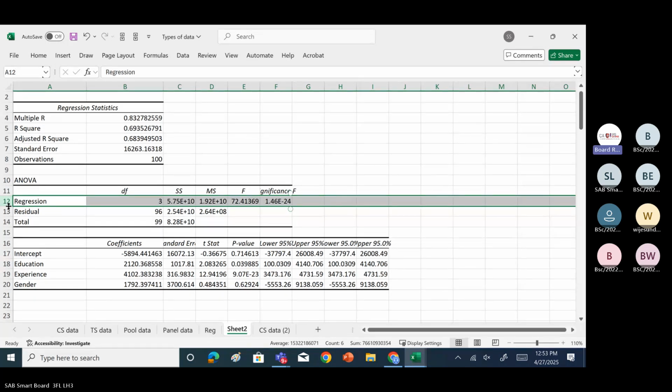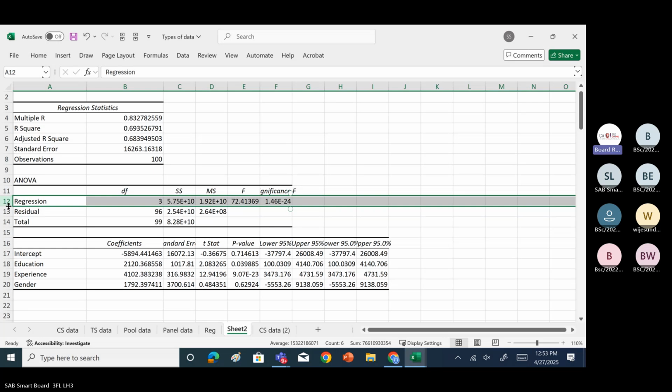The third variable is gender. The slope is 1,792. Our variable is gender, G, and is that positive or negative? That's positive. Plus, and then the error term.